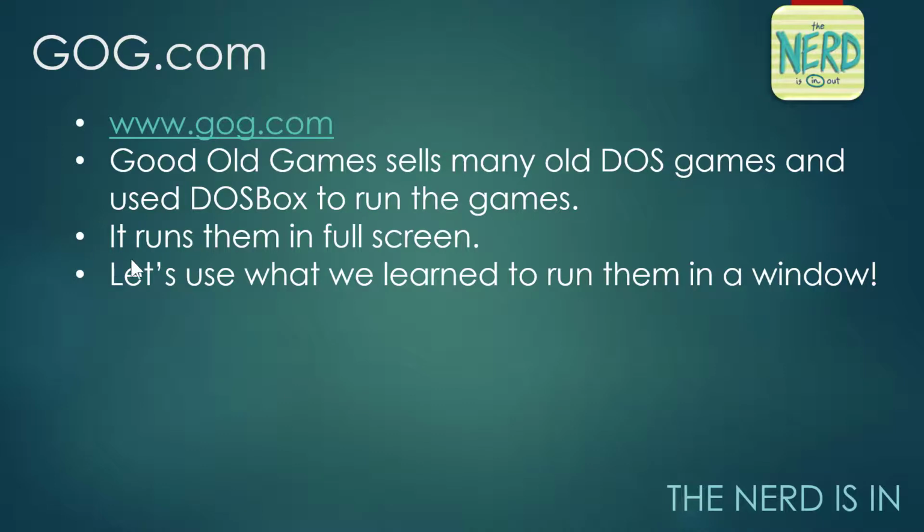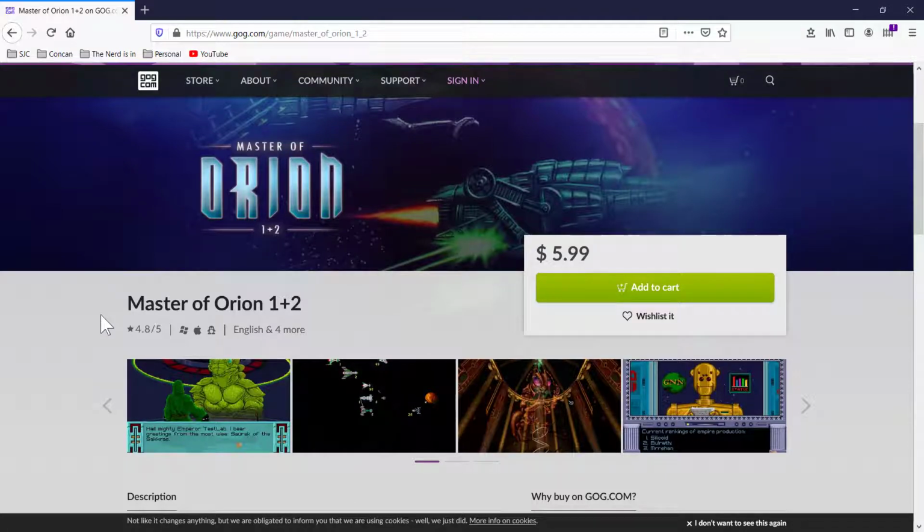I'll show you that. Let's take a look at the Good Old Games website. So for instance, here is Master of Orion 1 and 2 for $5.99 if you buy it and download it. Another advantage of buying it through them is they have disabled the copy protection. Master of Orion would at some point in the game pop up a picture and show you a ship image, and you had to pick the name of the ship.